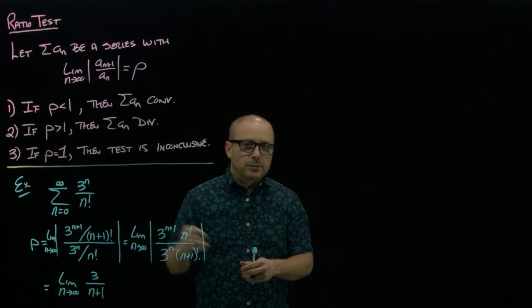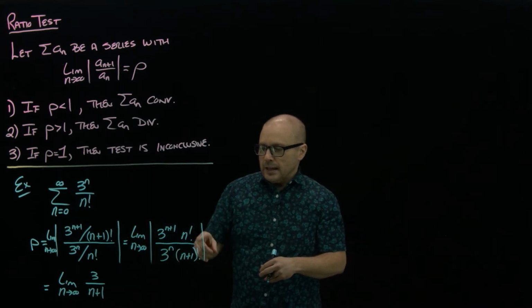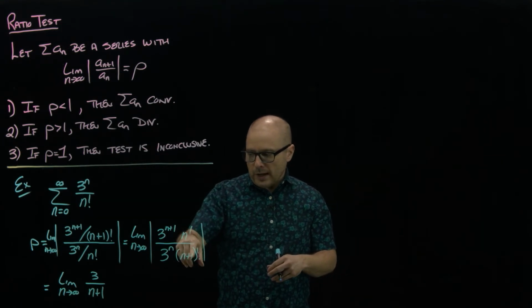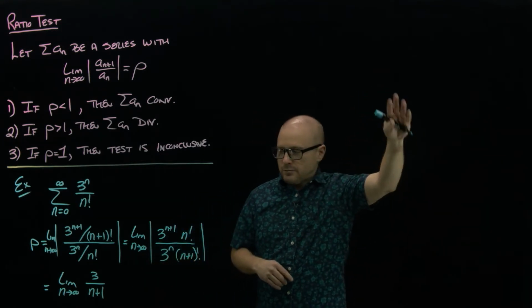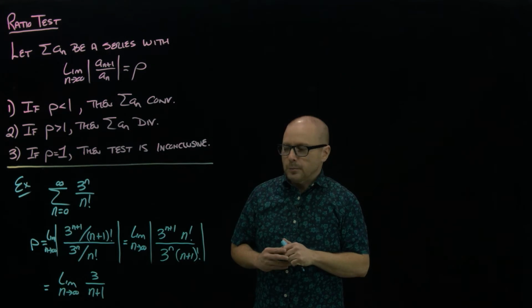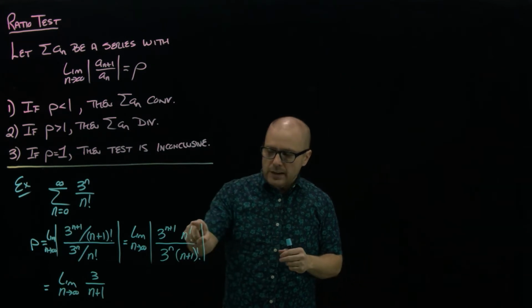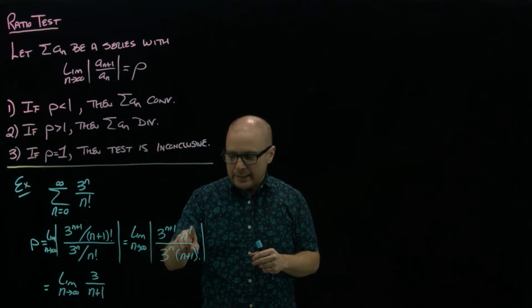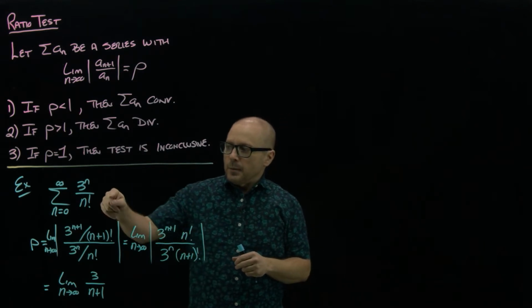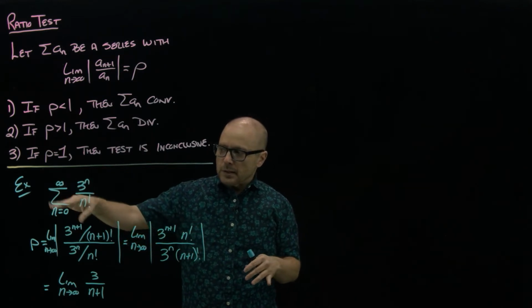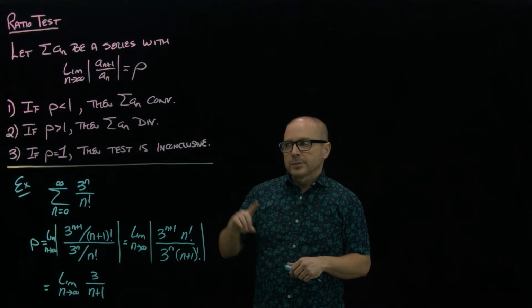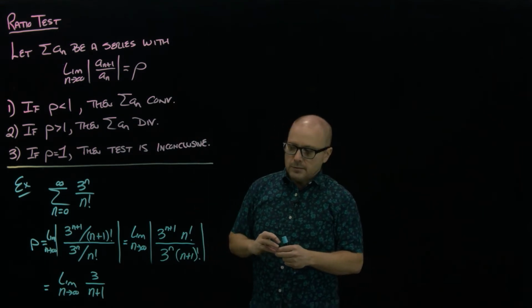We haven't seen much with factorials yet. If you're a little bit confused about what happened here, I'm going to do a little factorial review in just a second. But because factorials cancel so nicely like that when they're in a ratio, typically, not always, but typically factorials you'll end up doing a ratio test on.